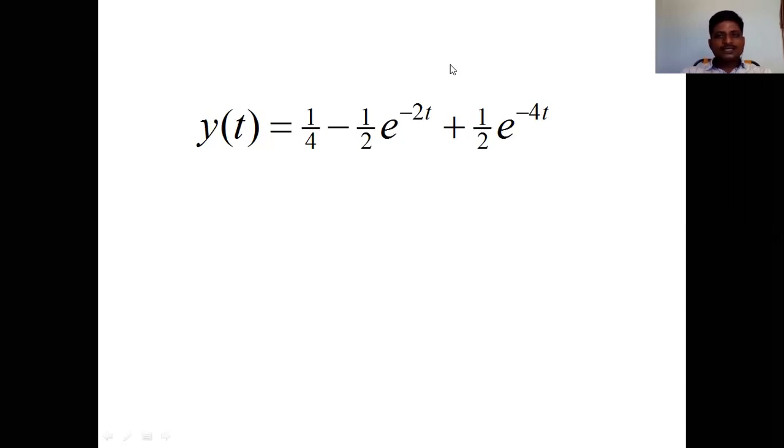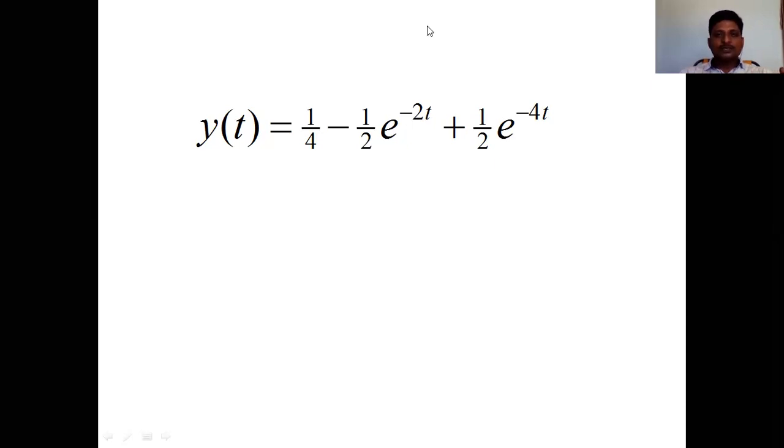You have to understand that the procedure comprises 4 steps. First, writing the KVL equation, if it is a circuit. After writing the KVL equation, you apply the Laplace transform. Then you simplify it so that you can write partial fractions. That is step 3. After making partial fractions, you apply the inverse Laplace transform so that you get the final solution.